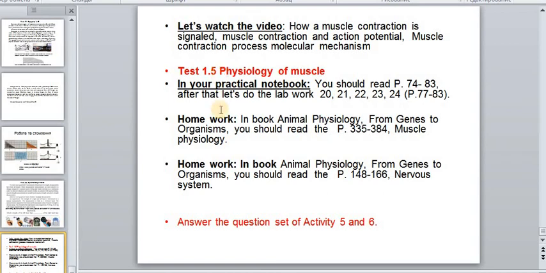And for your work in your practical book, you should answer the question set of activity 5 and 6.